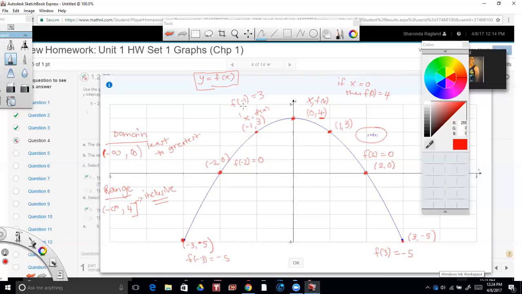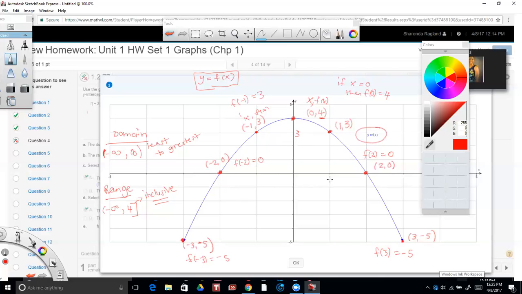And so now you know how to read the function notation. To find f of -1, we just look at the graph. You see when x is -1, then the corresponding y value is 3. There's a 3 here. You can see it.